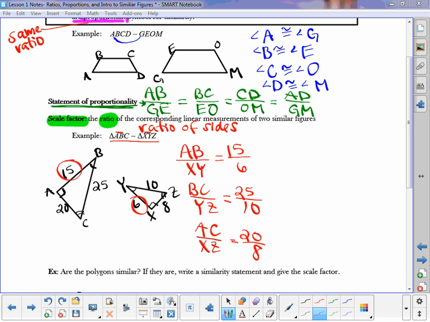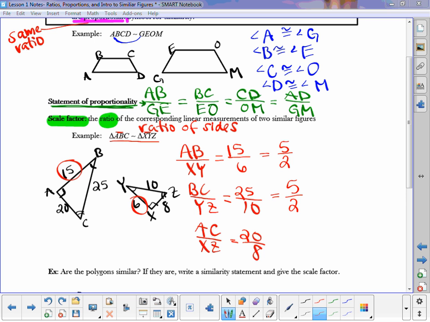Alright, so we are checking each of the comparison of the sides. Now what we need to see is, are they the same? What does 15 over 6 reduce down to? 5 over 2. Do we agree with 5 over 2? Yes. Alright, 25 over 10, what does that reduce down to? Alright, looking good so far.